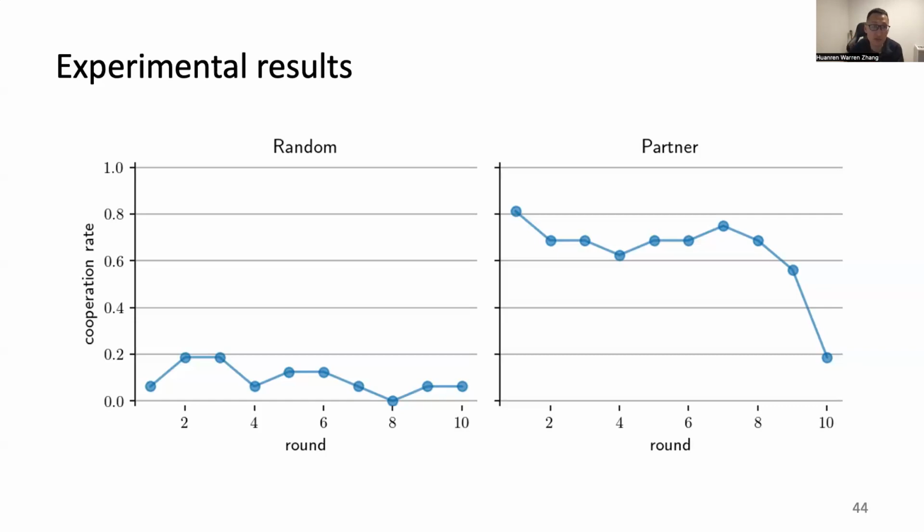This is a good strategy because you can condition your actions on the other player's action, and you can punish your opponent when they are not cooperating with you by defecting in the next round, right? But this strategy will not work at the end of the interaction because in the future, you cannot punish me anymore. So what's the point for me to cooperate with you, right? Unless there's some personal ethics. That's why we observe this end game effect.